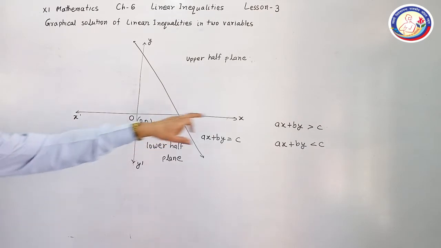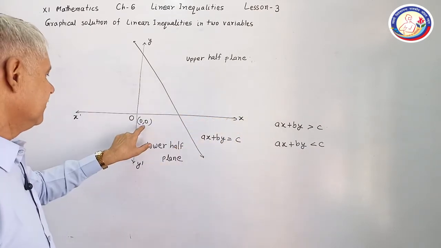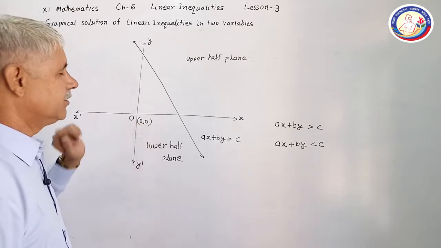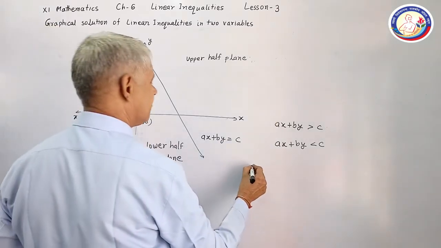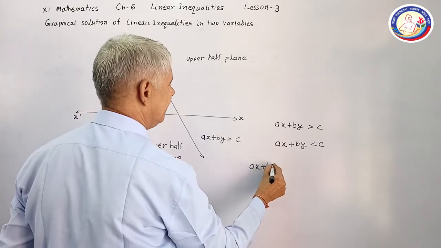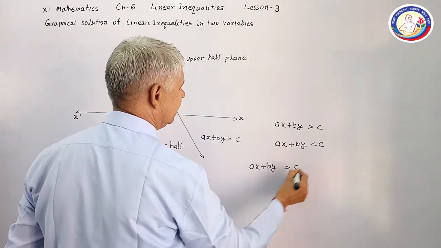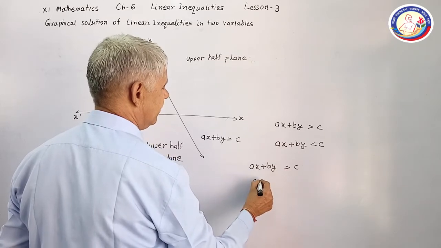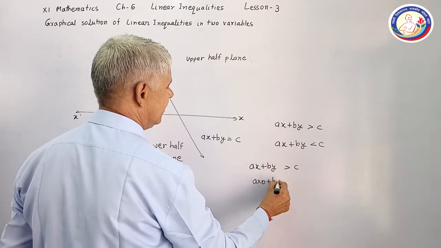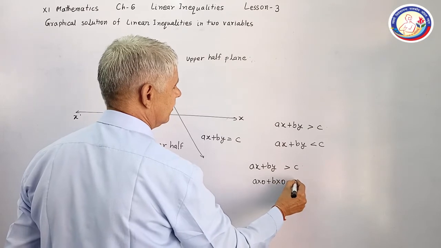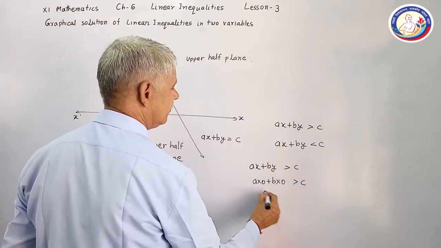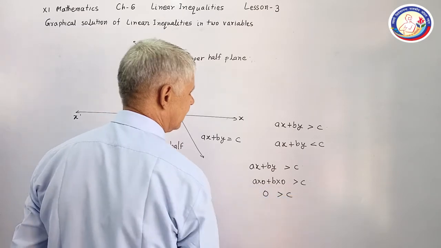If we put 0, 0, the coordinates of the origin, in the given inequation ax plus by is greater than c, we get a into 0 plus b into 0 is greater than c, it is 0 is greater than c.